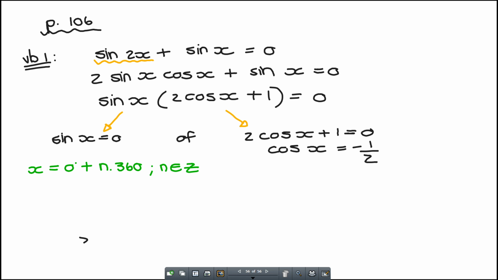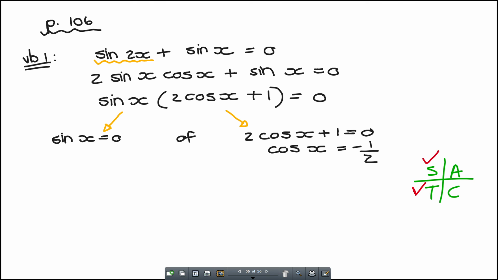Nee. Okay, right. Kom ons kyk gou na hierdie cos is negatiewe half. Okay, so if cos is negative, all stations to Cape Town. Cos is negative in the second and third. Okay, right. So in the second quadrant, ek soek gou spasie.